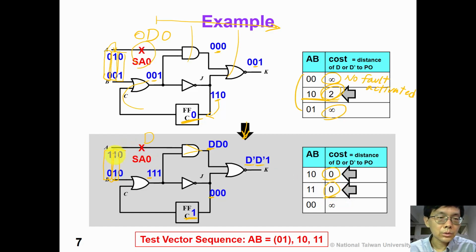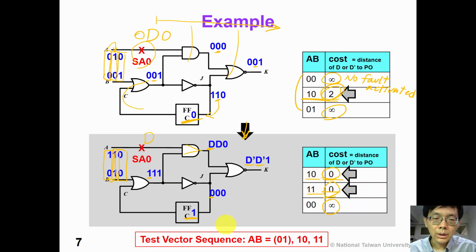Eventually, if we want to apply test vector 0, 0, this vector cannot activate the fault. So the cost is infinity. Now we have 2 test vectors to choose, either 10 or 11. They have the same cost.